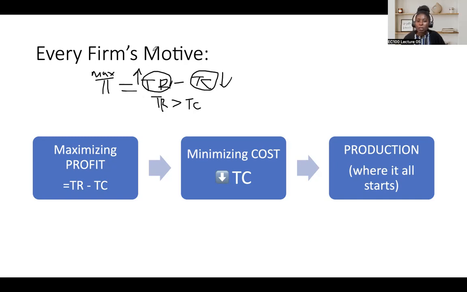Anything towards this will increase your revenue while your costs are the same. Or, while you're serving the same customers, same amount of goods, same price, you can see how you can minimize your costs so that you can have maximum profit. Those are different alternatives that different firms use to maximize their profit.